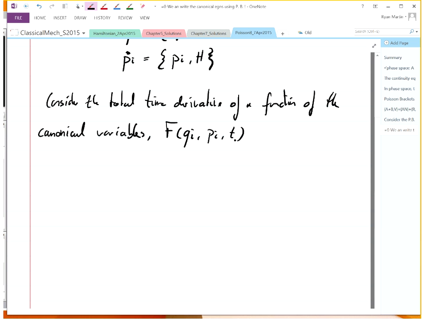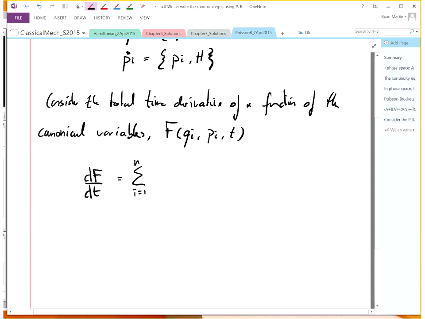Let's say you have a system, and something that you're interested in about the system depends on the momentum and the position of the system, and you've come up with some function that depends on the position and momentum of the system. So how does that function change with time? So we want dF by dt, the total time derivative.